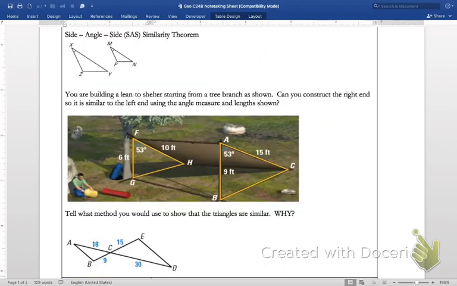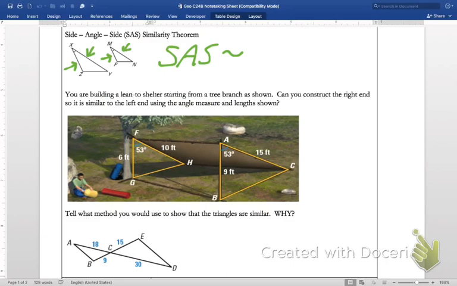So we have the AA similarity postulate, the SSS similarity postulate, and now we have the side-angle-side similarity postulate. What that looks like in this diagram is you have to have two sides, XZ and MP, in the same ratio, and XY and MN in the same ratio.